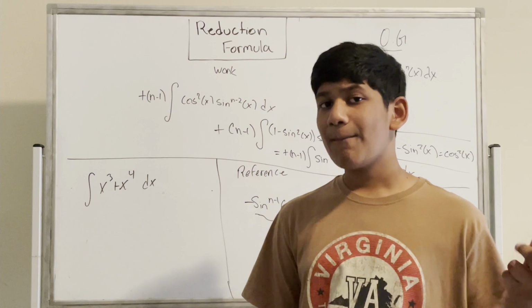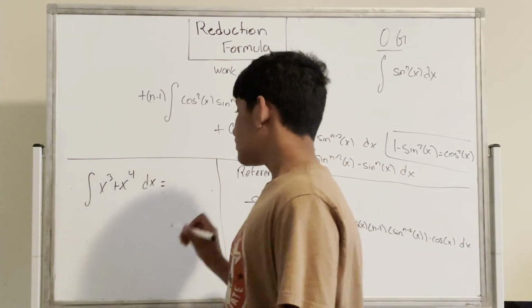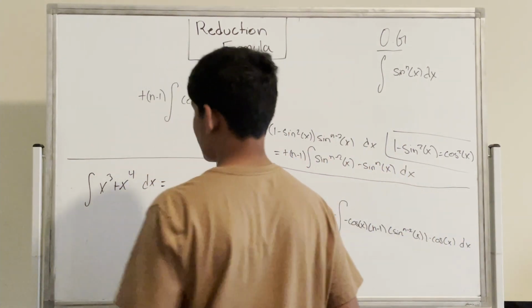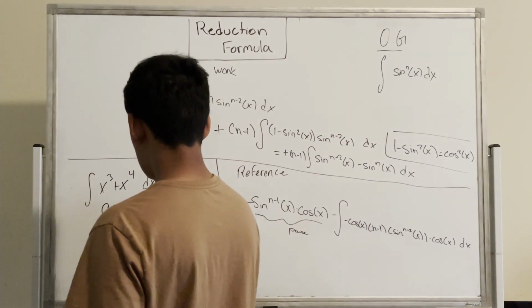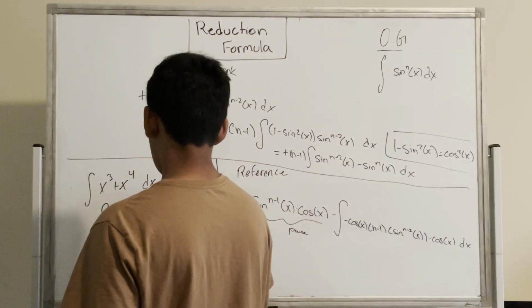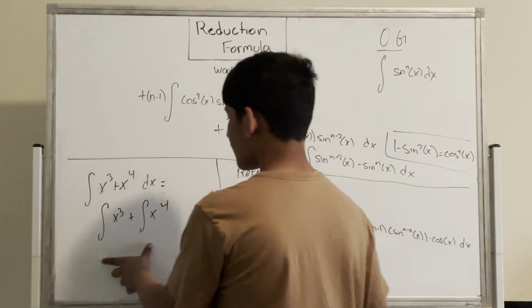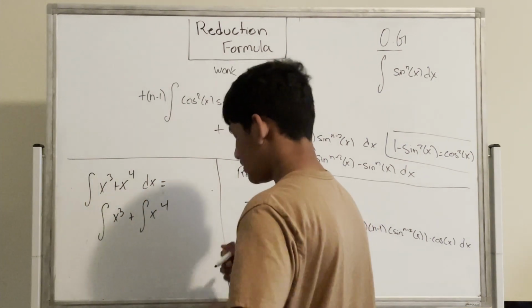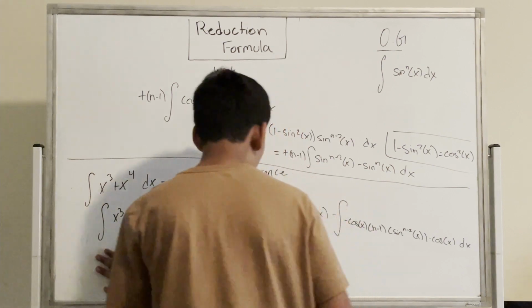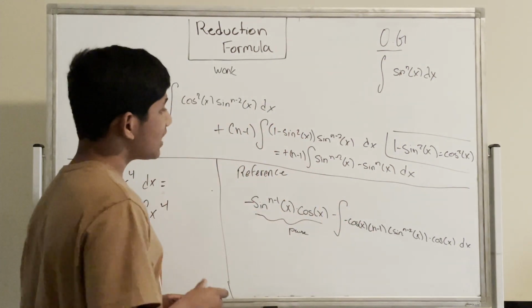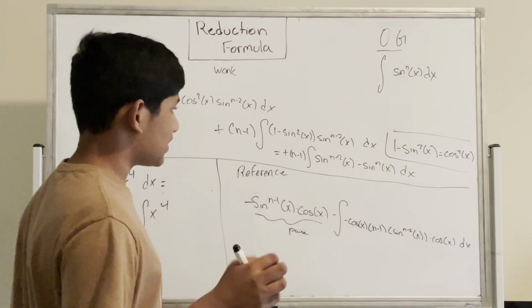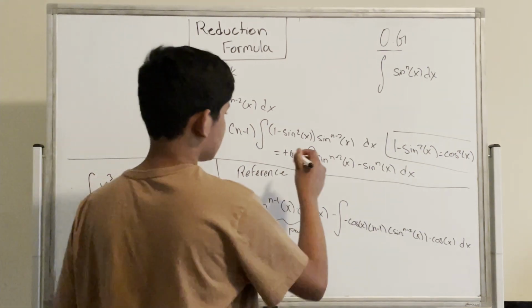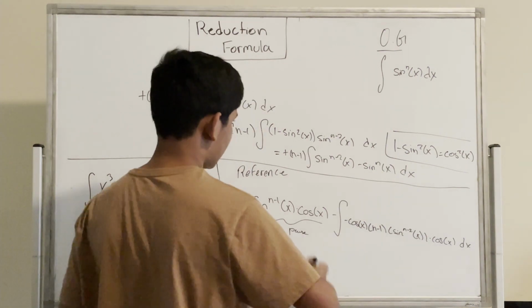We can make one, but the integral of x cubed plus x to the power 4 is just the same as the integral of x cubed plus the integral of x to the power 4. And this is literally the same thing. So, we can use this property to essentially just distribute the integral sign over here.